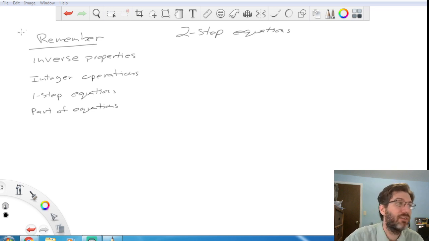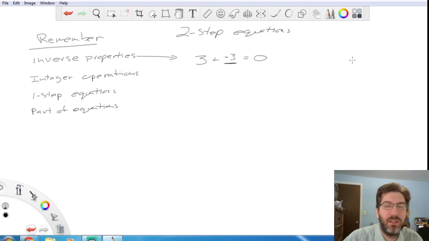So first you need to understand your inverse properties. Okay, if I have the number 3, what do I add to 3 so I get 0? And what is that number? Well, that's your -3. So the inverse of adding 3 is subtracting 3.